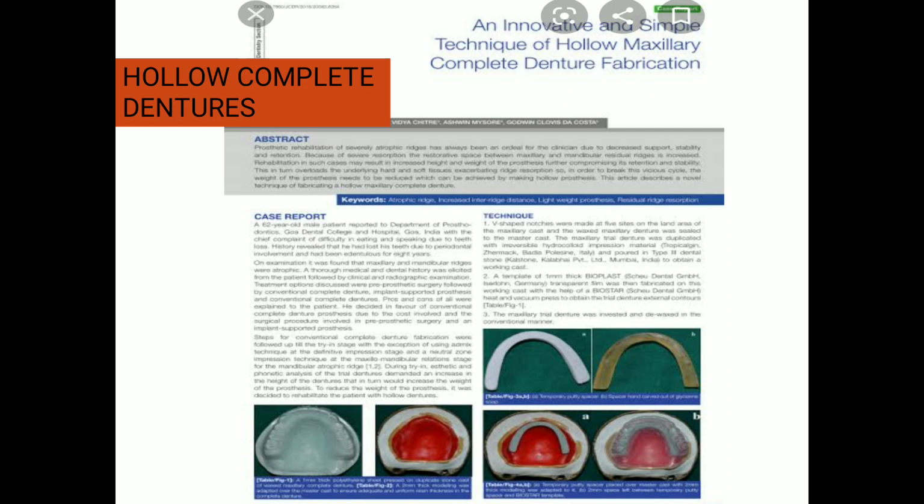And in some patients we use hollow dentures. Depending upon the freeway space or the available space, we prefer hollow dentures, which reduce the weight of the denture. So at that time we fabricate a specialized denture called a hollow denture.